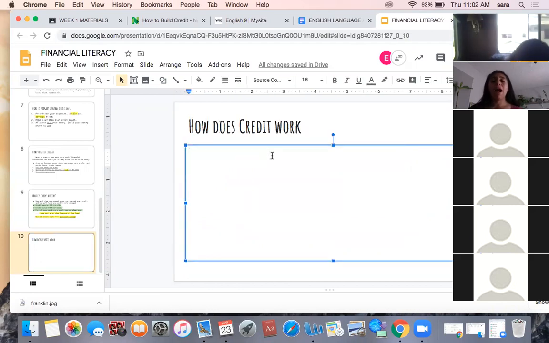So how does credit score work, or how does credit work? It works by allowing a person to borrow money each month. And the easiest way to do this is through a credit card.